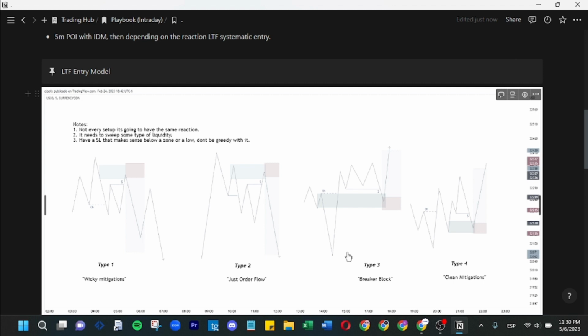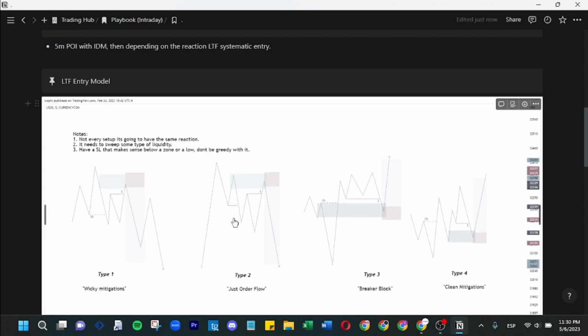Because if you just blindly execute what I'm telling you, like these lower time frame entries and everything, you really won't have the overall experience of how to execute it and at which point in time you should execute. And also comes the instinct, right?